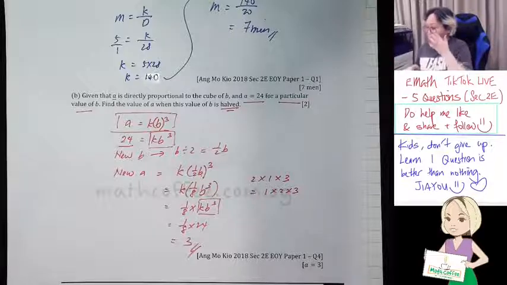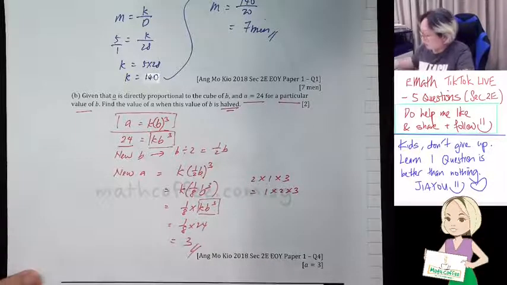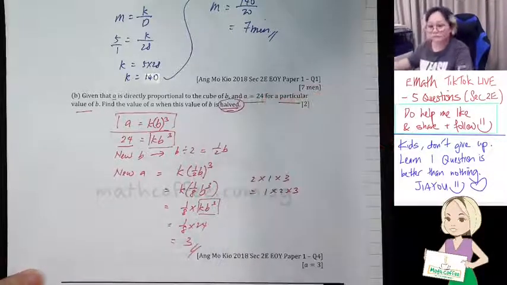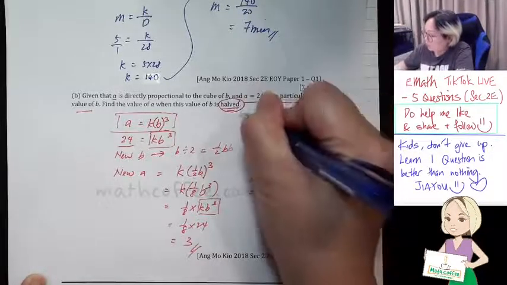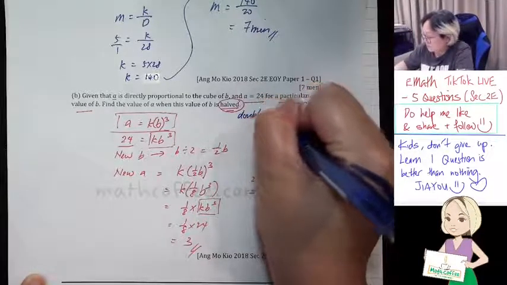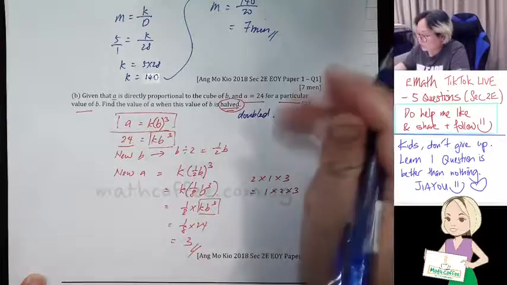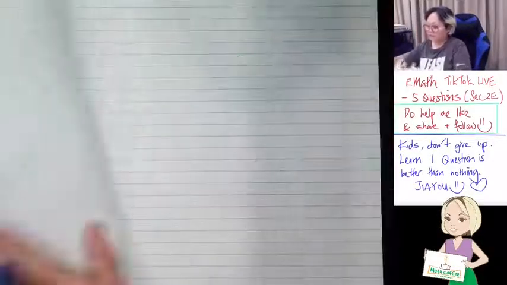So this is for half. I'm going to change the question, and then I'm going to do it for the double.